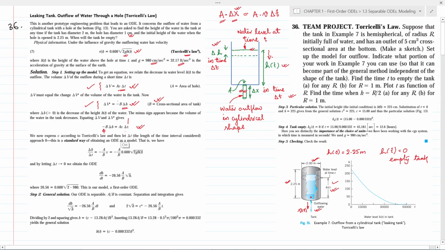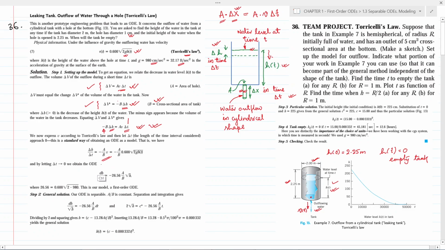So if delta t is positive, then delta h is negative. That is why there is a negative sign to equate both these quantities. Now from here we can rearrange this equation to get delta h by delta t equal to minus A by B v.